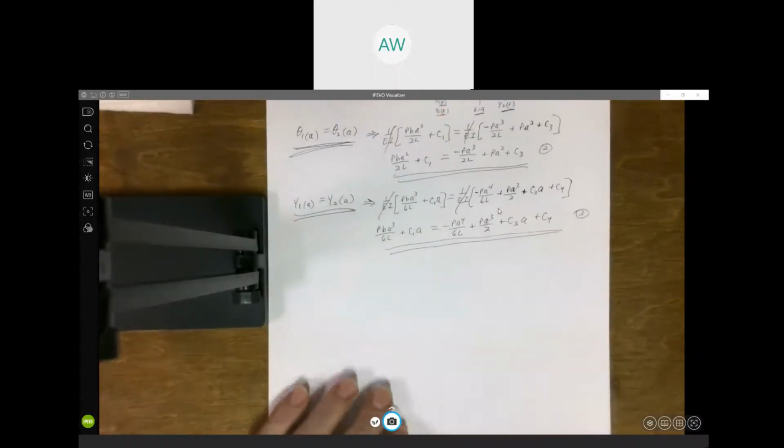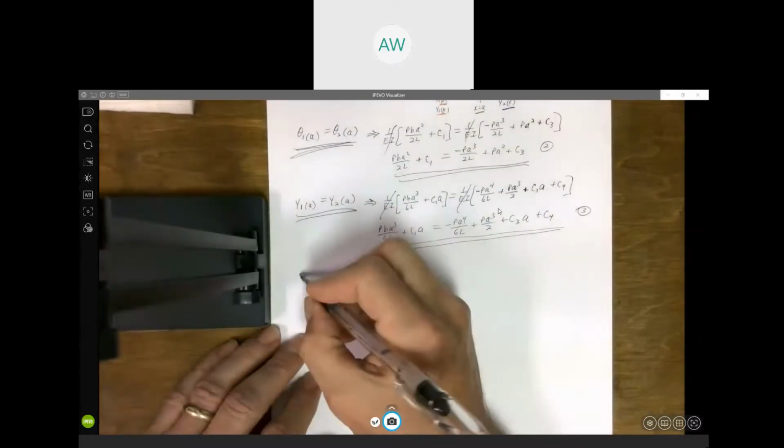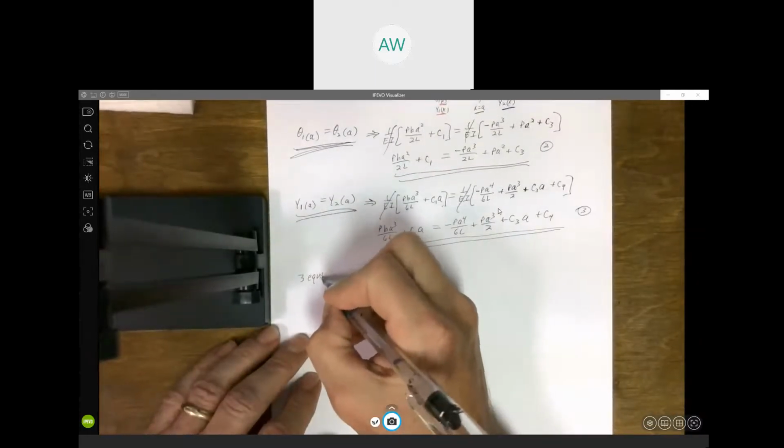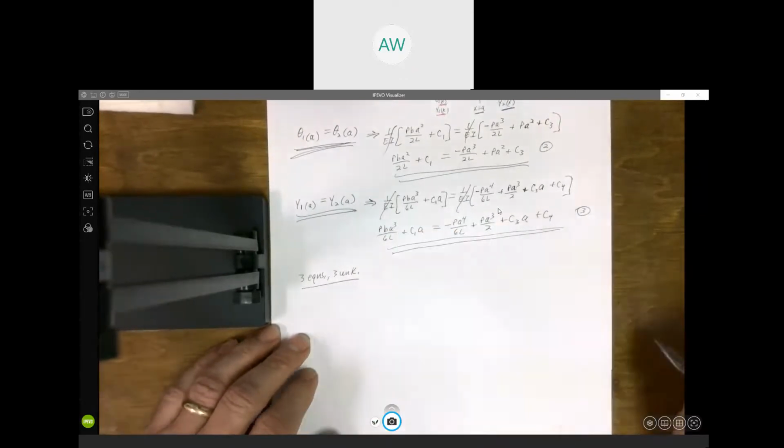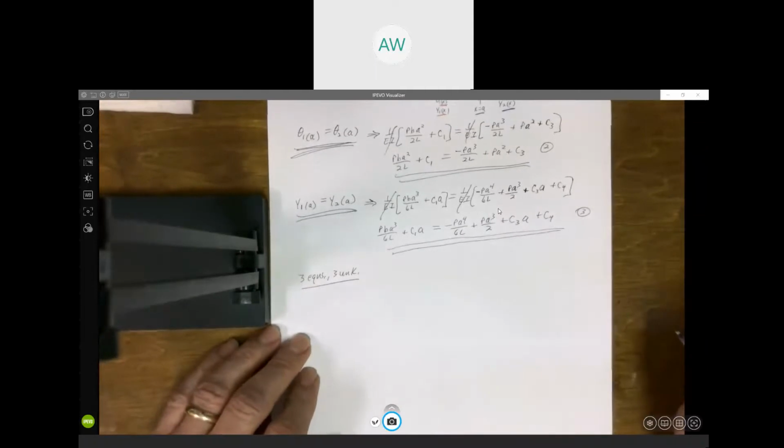And now we've got 3 equations, 3 unknowns. And I'm going to spare you the pain and agony of going through this algebra.